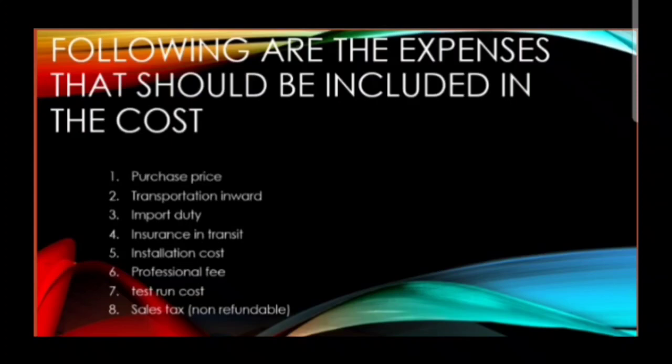Insurance in transit and import duty are important items to be paid while transporting the machinery to the company. Then installation cost, then professional fee, test run cost, and sales tax non-refundable. All these are expenses which meet the four conditions so that they are included in the cost of the asset.